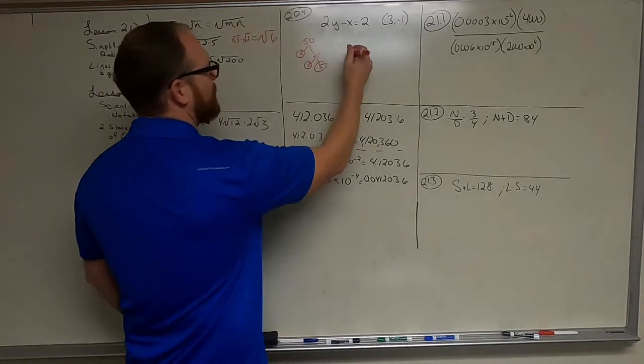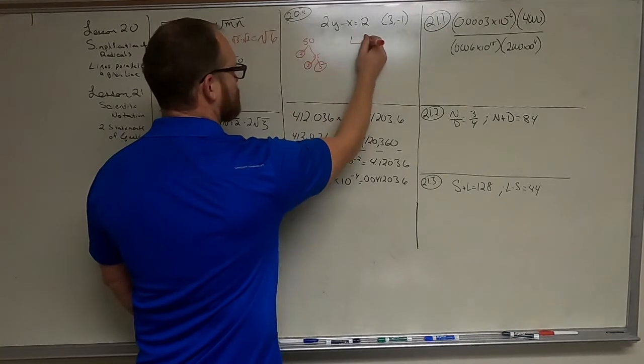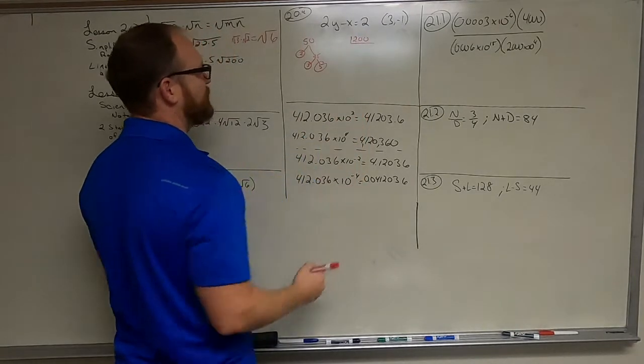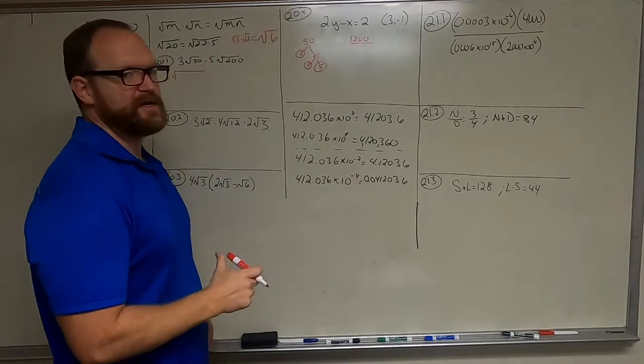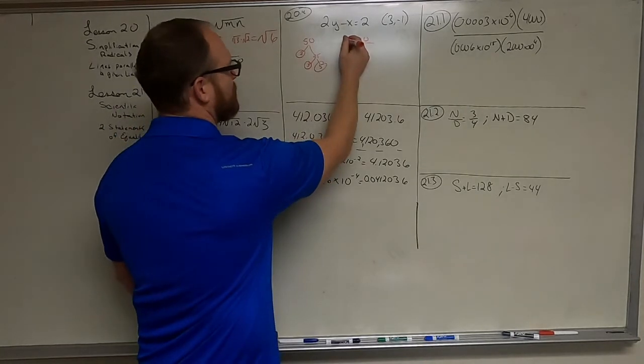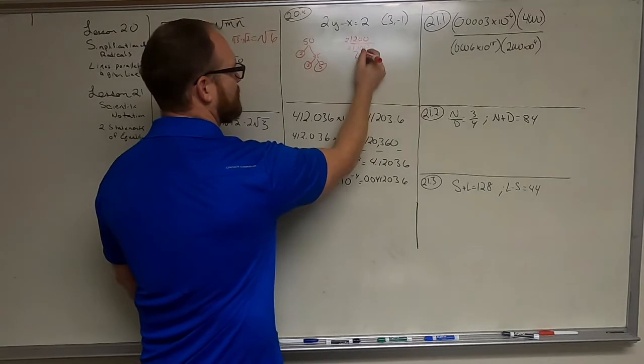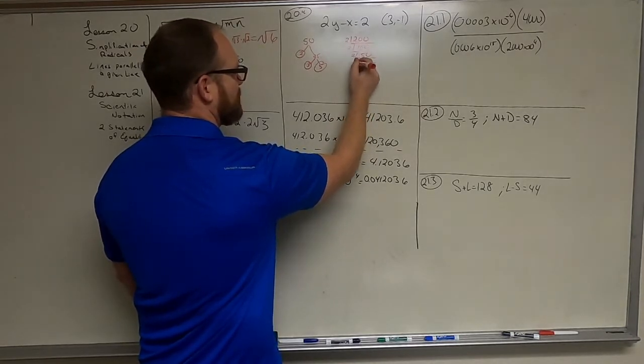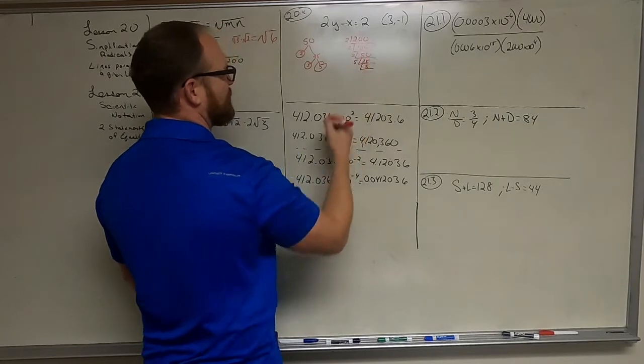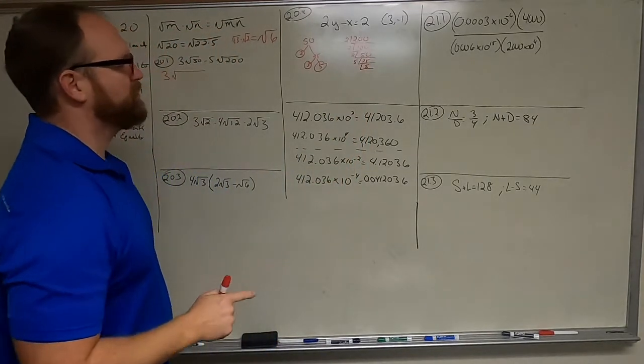My personal favorite is to use what we call upside down division. I see 200, an even number, I'm automatically going to 2. It gives me 100. Divide that by 2, it gives me 50. Divide that by 2, it gives me 25. Divide that by 5, it gives me 5. And so either way will work.